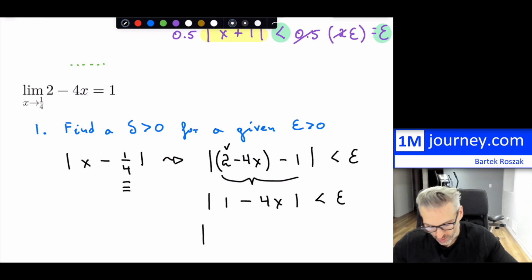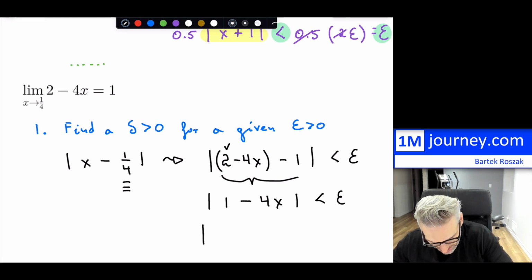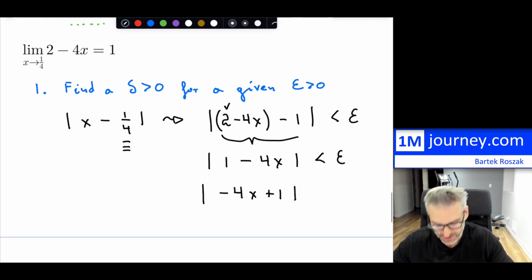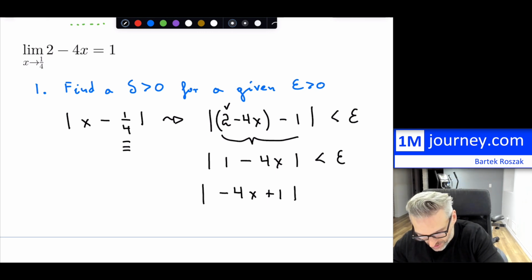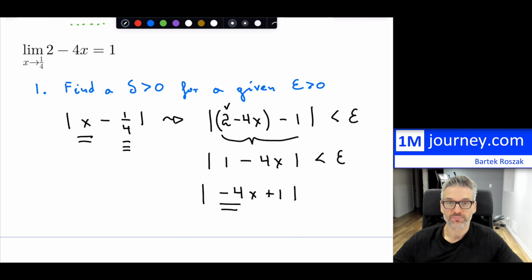Here, what I am looking for is that I really want this x minus 1 over 4. So I'm going to readjust this. I'm going to say this is negative 4x plus 1. I'm just rewriting this. Because I want x on its own, I am going to take out the negative 4.